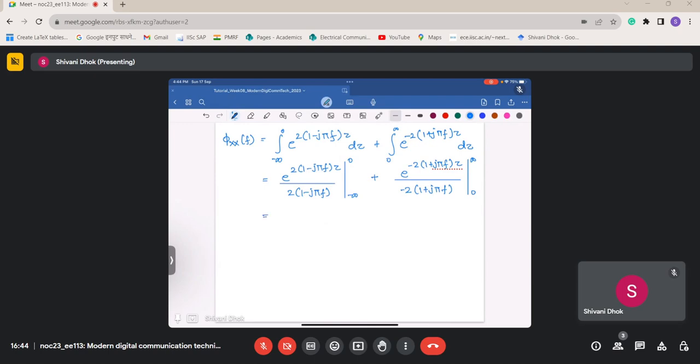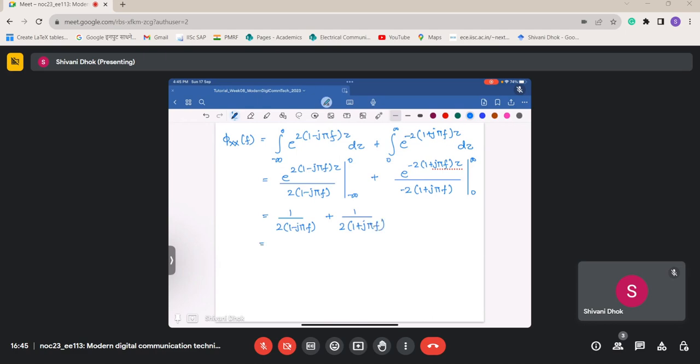So this is equal to 1 upon 2(1 minus j pi f) minus e power 2(1 minus j pi f) into minus infinity, and e power minus infinity will go to 0. So the second term is basically 0, plus the first term here is e power minus infinity, so that will again go to 0, and the second term will give me 1 upon 2 times (1 plus j pi f).